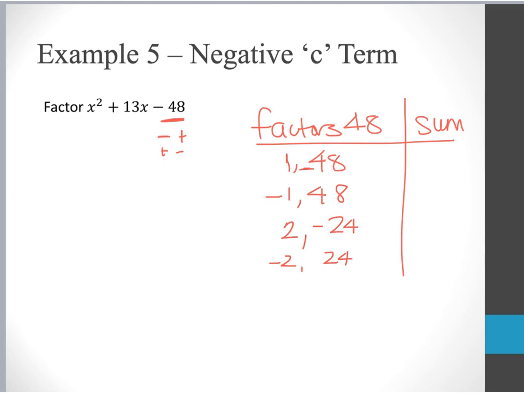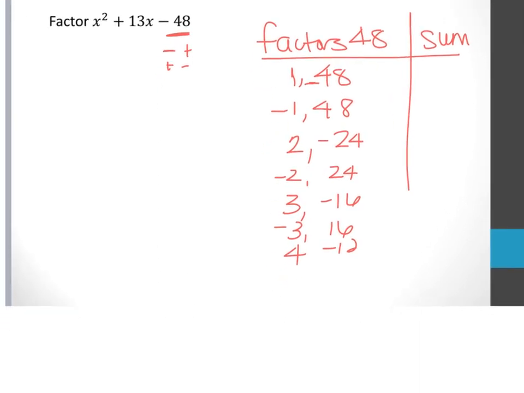We could have 3 and a negative 16, or a negative 3 and a positive 16. We could have 4 and a negative 12, or negative 4 and a positive 12. And then we could also have a positive 6 and a negative 8, or a negative 6 and a positive 8. And I think those are it.